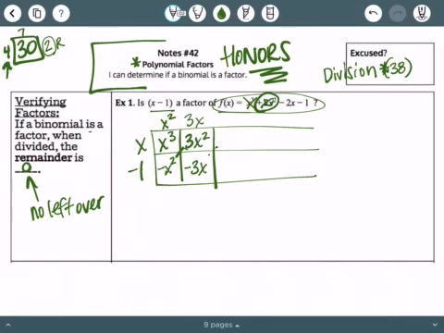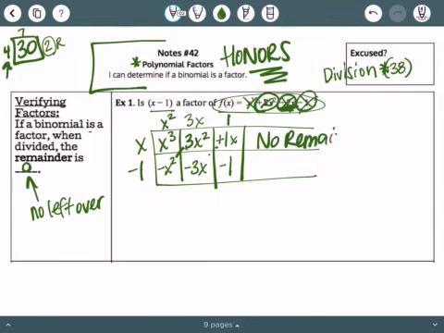I know these two boxes need to give me negative 2. Negative 3 plus 1x would give me that negative 2. So x times 1 gives me 1x. 1 times negative 1 is negative 1. That's what I'm looking for there. I'm all done. There is no remainder.